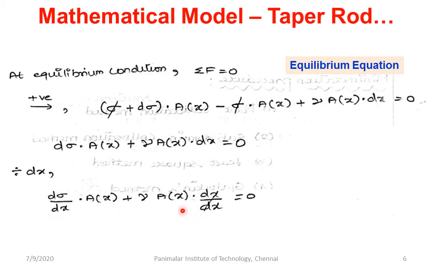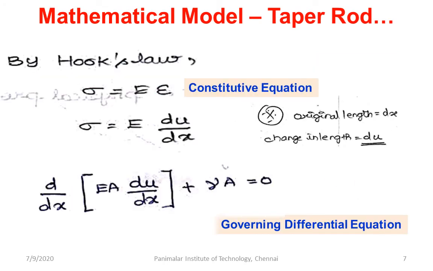Now in this equation we are going to replace the sigma in terms of our variable. For any structural problem the field variable will be displacement. So we are going to replace the sigma in terms of the displacement by using the constitutive equation. How to replace the sigma in terms of the displacement, we will see in the next slide.